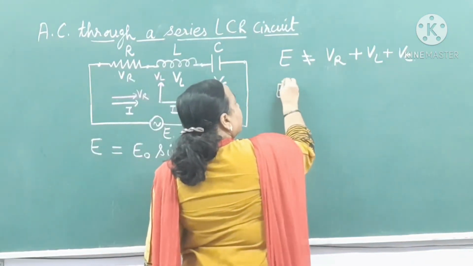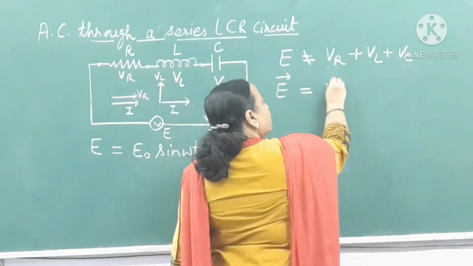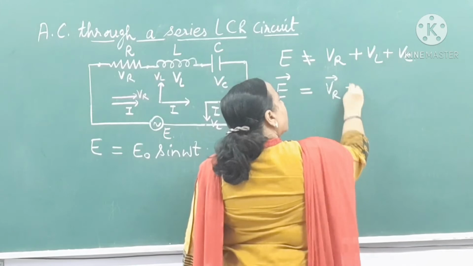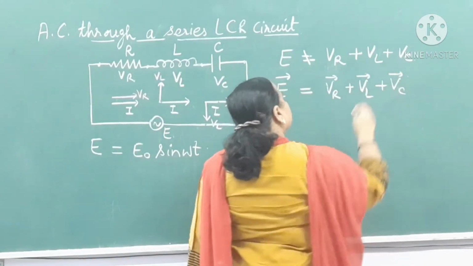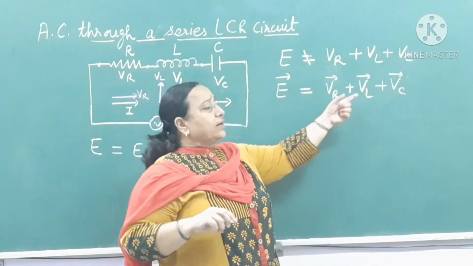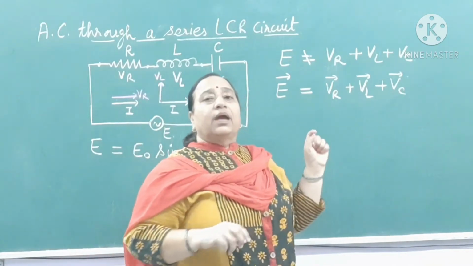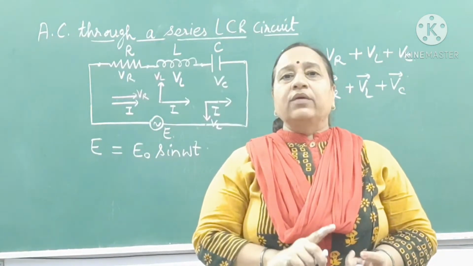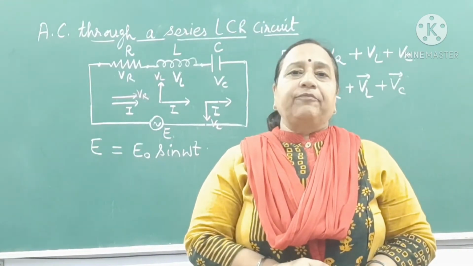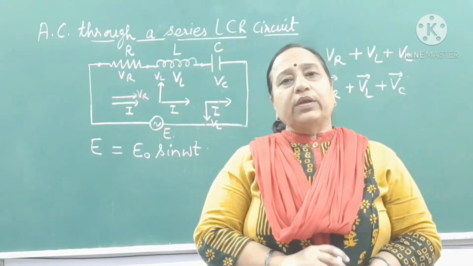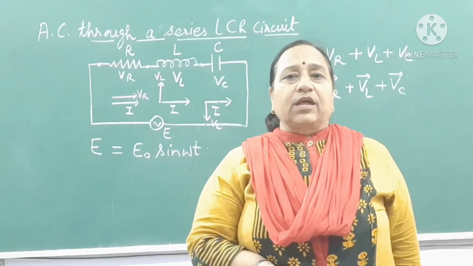Instead, we can write it in vector form, like vector E is equal to the vector sum of VR, VL and VC. So these vectors have to be added up vectorially to get the total value of the EMF which is supplied to the circuit.